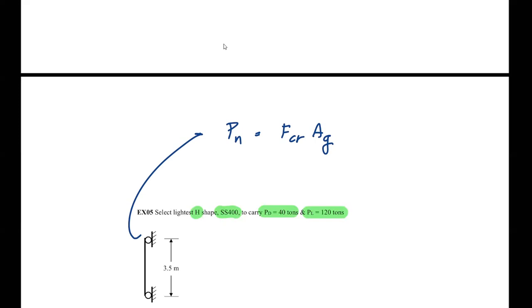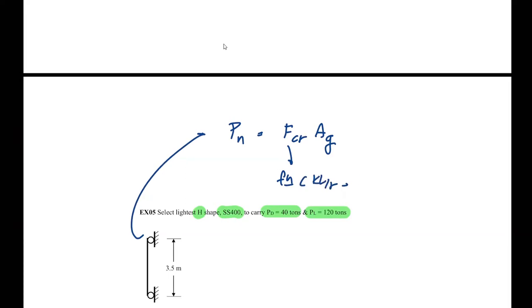You don't know the F critical because F critical is a function of KL over R and the Fy. So what do we do? We're just going to have to make a guess.